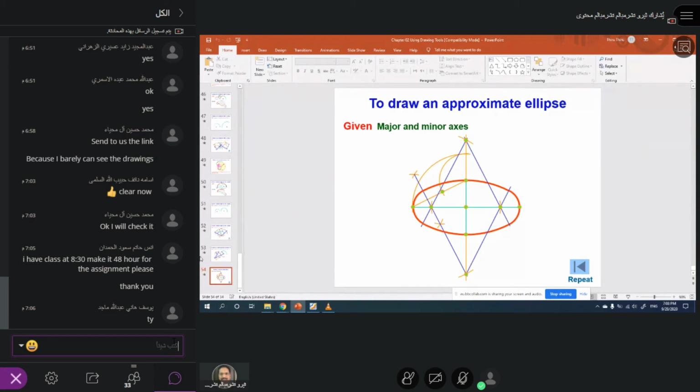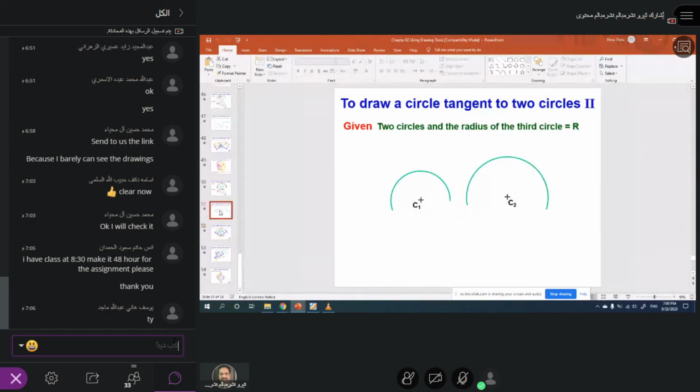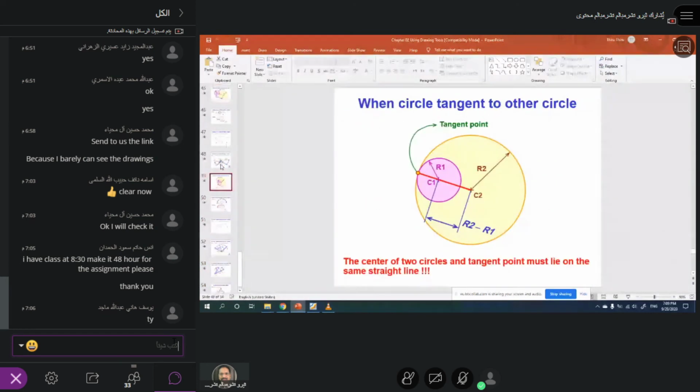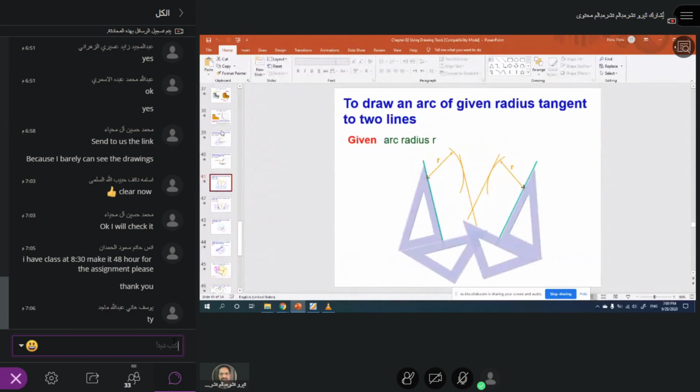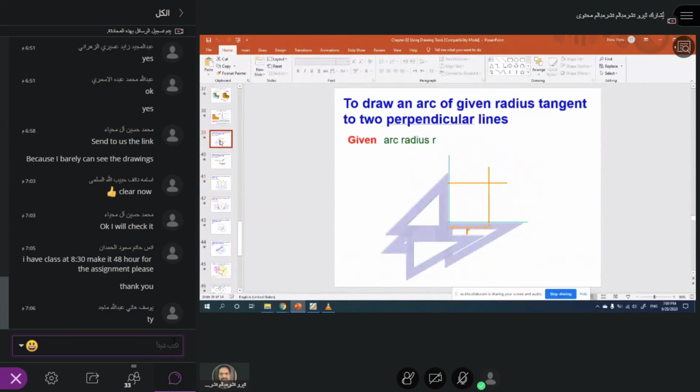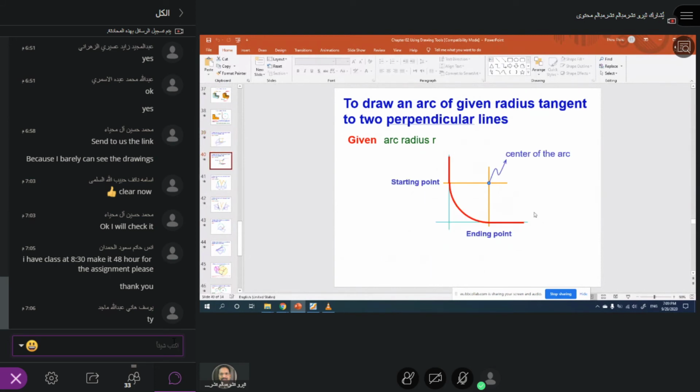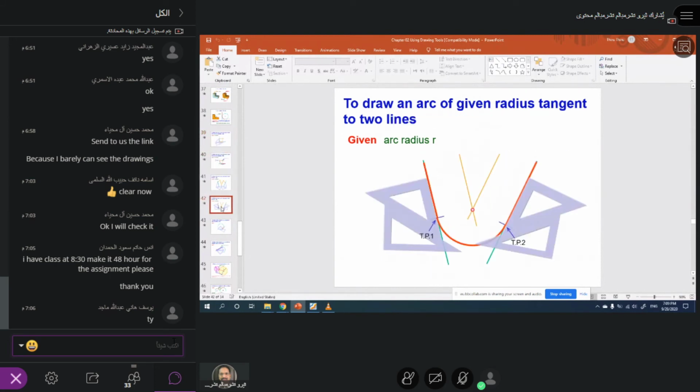Right now, better you start this exercise. The first exercise, what you have to do is this one, and this one, two.